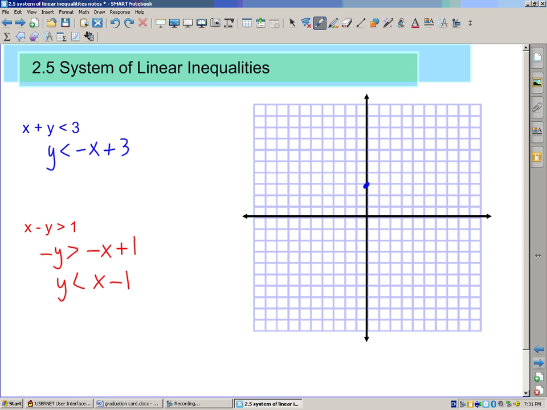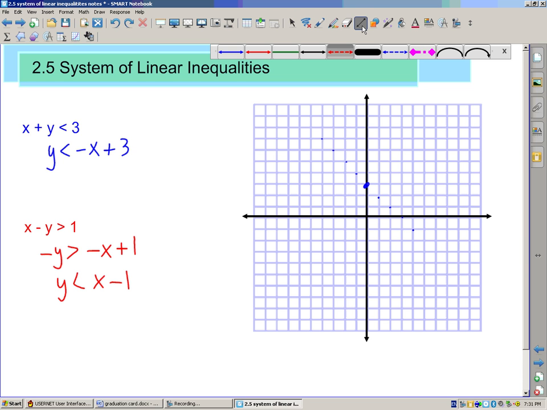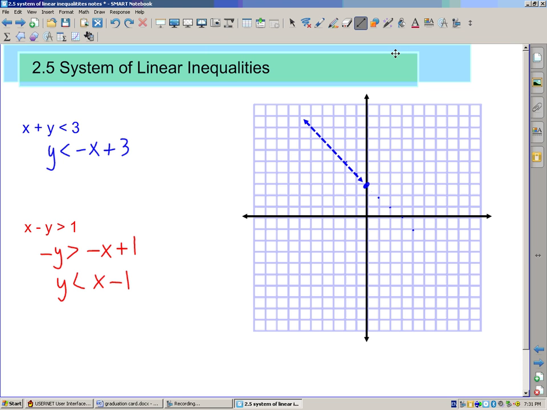I'm going to plot my points. I'm going to choose slot it. I'm going to graph below the line.